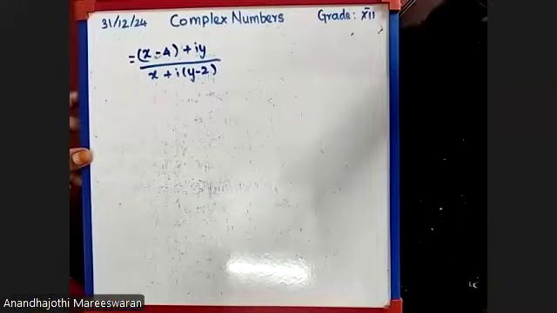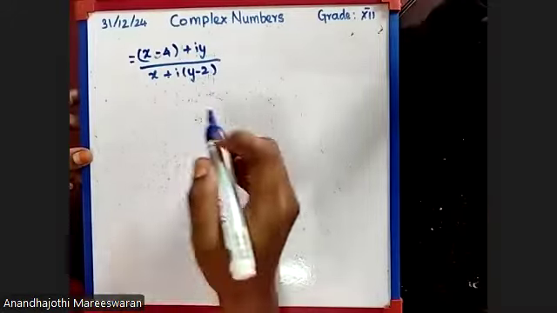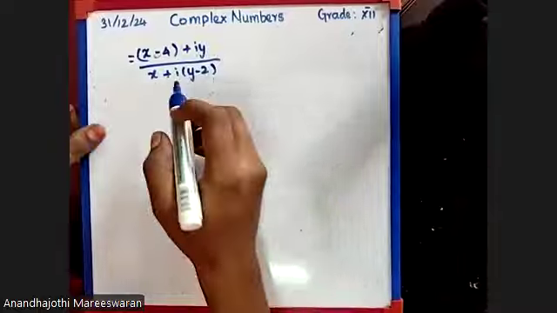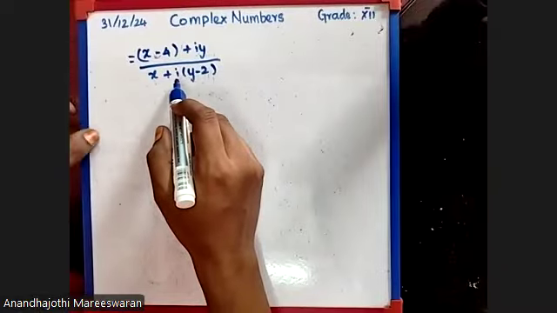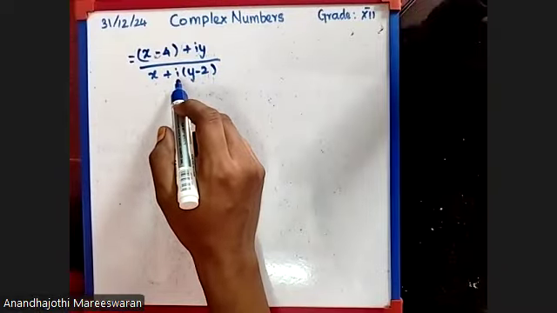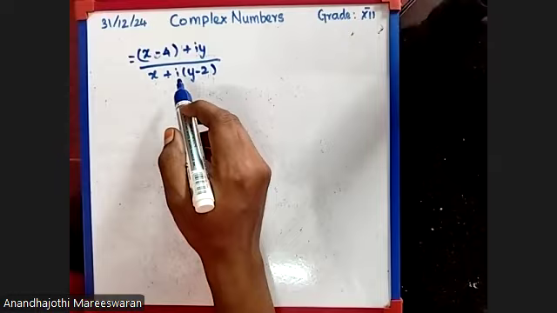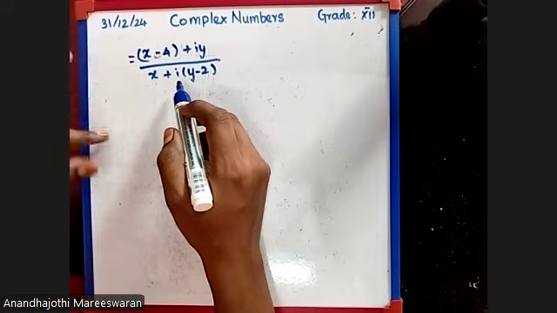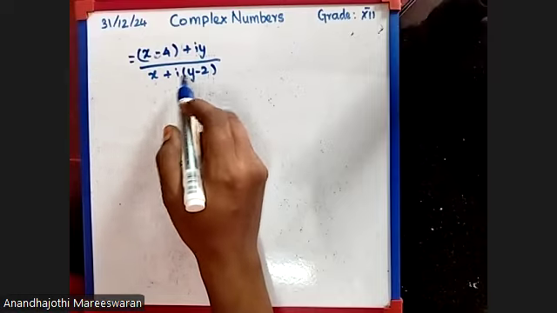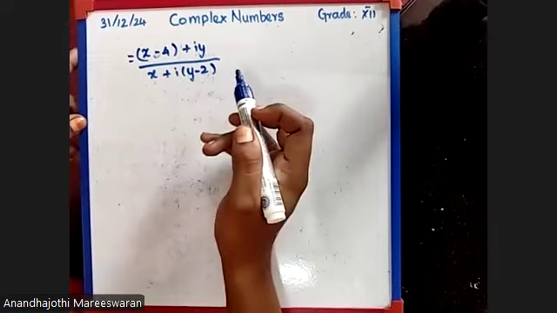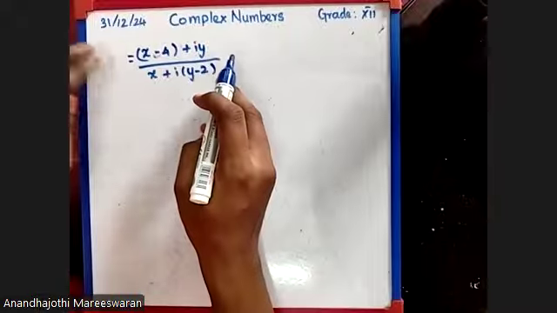So what was the next step? The next step is that we are going to eliminate this imaginary part. For that, I am going to do a simple multiplication and division. I am going to multiply and divide by the same term so that the value remains the same.